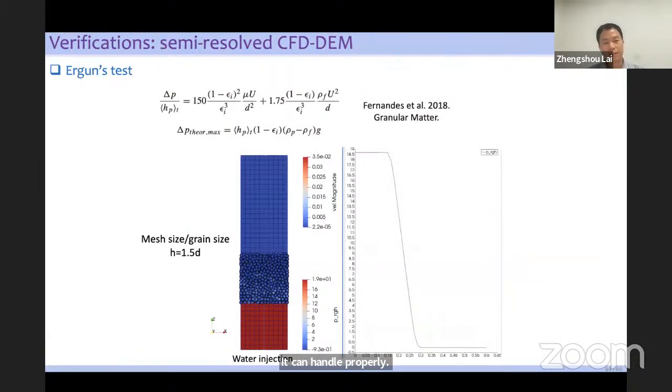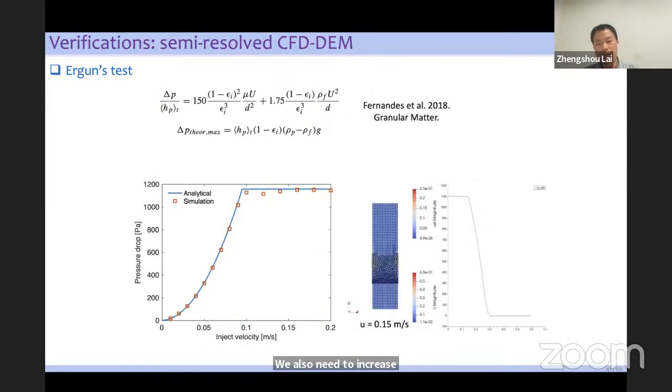Here is the Ergun test. In this test, we have a pack of particles. So we have the water injection from the bottom. If we increase the injection velocity, the pressure we require to keep this injection velocity will also need to increase. In this case, we have a critical injection velocity because if we go beyond this critical velocity, the particles will become fluidized.